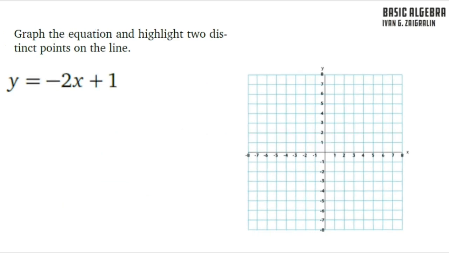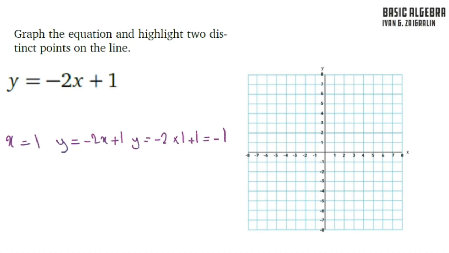The next equation is y equals -2x plus 1. So when x equals 1, y equals -2 times 1 plus 1, which equals -1.